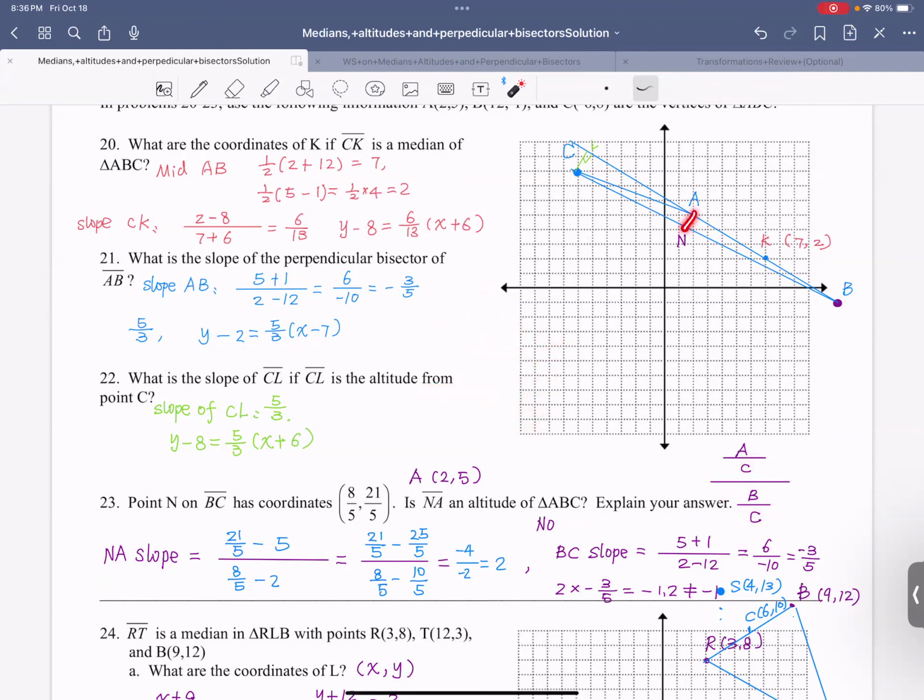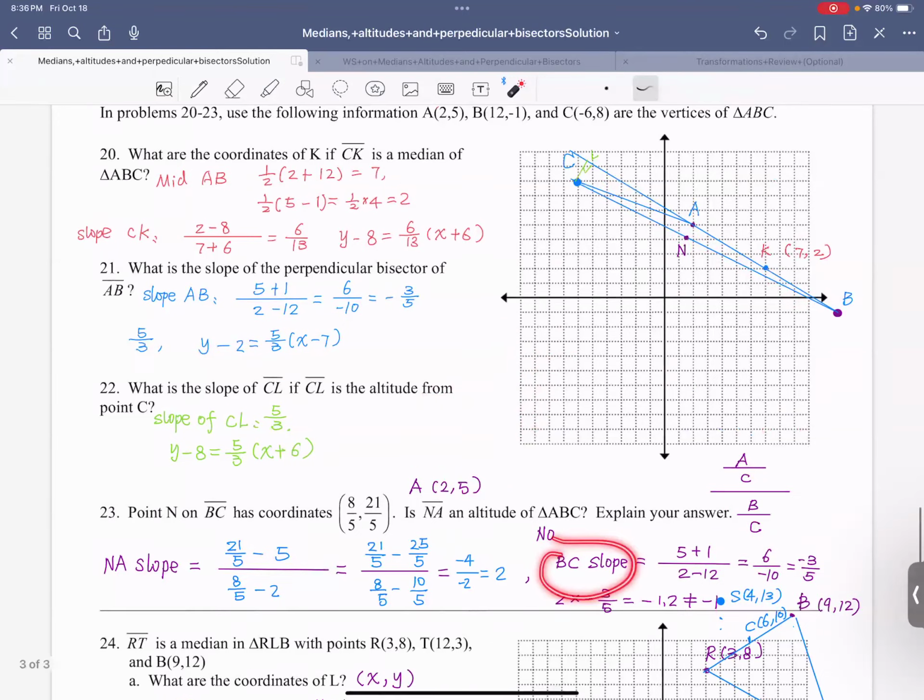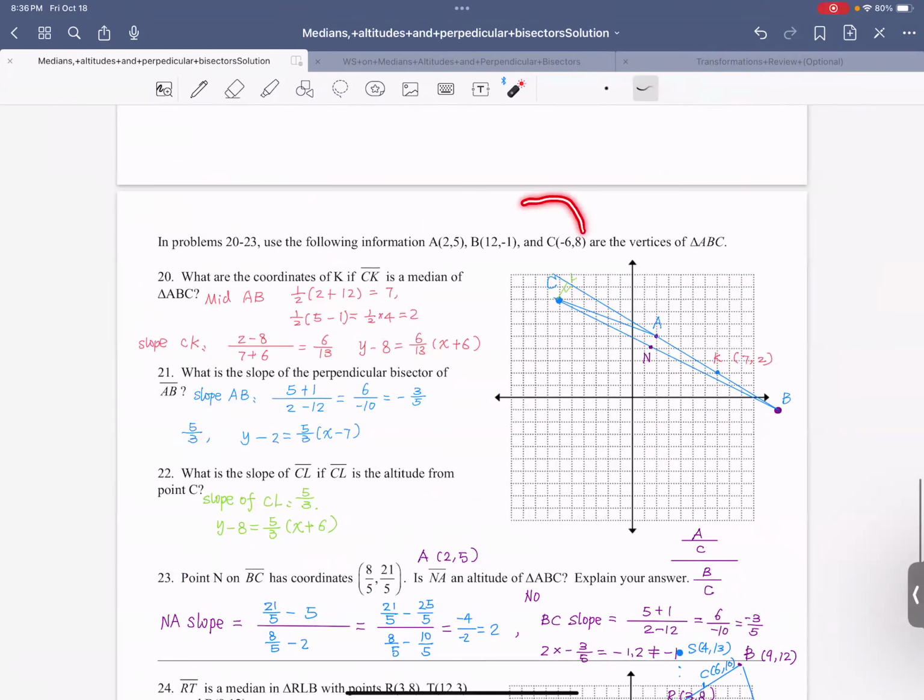You check this slope is 2. Then you check the BC slope by doing 8 minus -1. Let's calculate the BC slope.